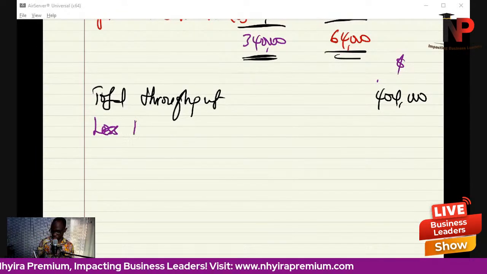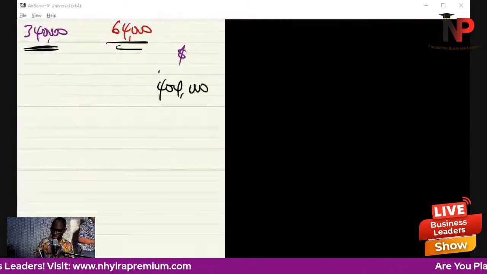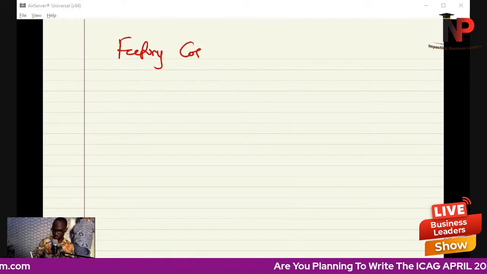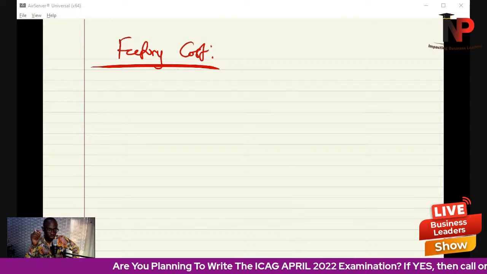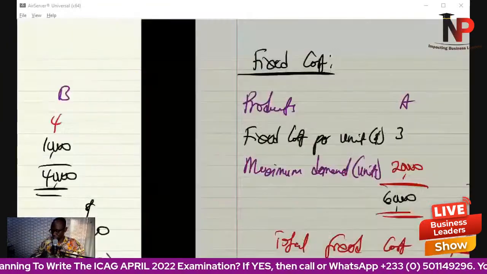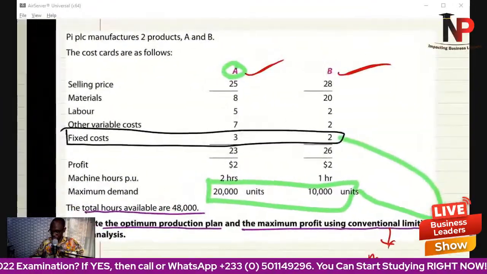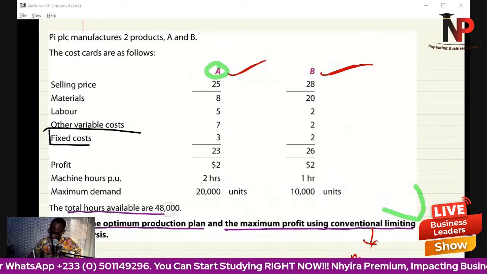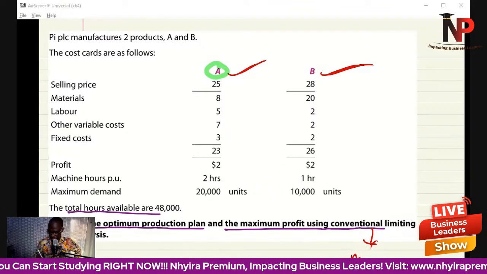Remember, in throughput, our interest is factory cost, and here we're going to be doing the workings for the factory cost. Remember, in throughput, we are assuming that our only variable cost is direct material cost. So all other costs are treated as factory cost. If we go back to the question, apart from the direct material, we're going to bundle all the other ones.